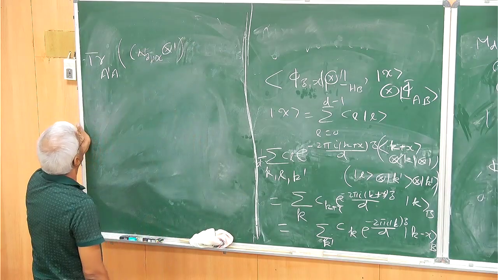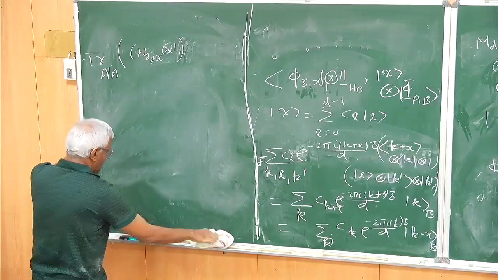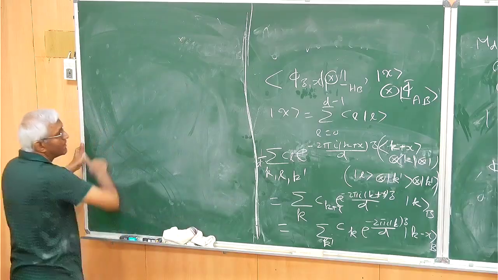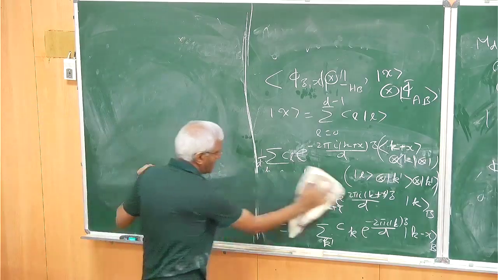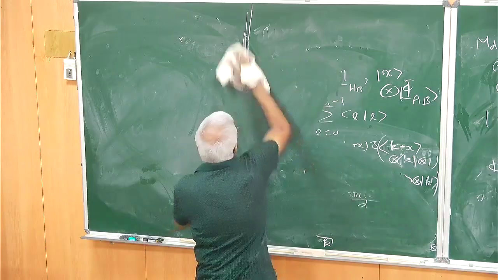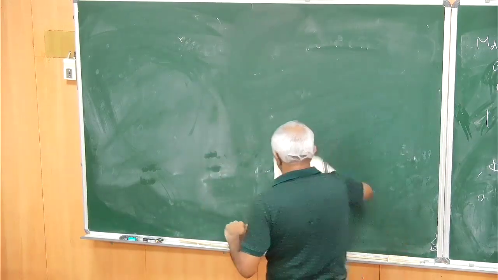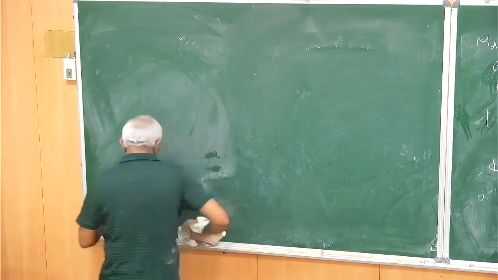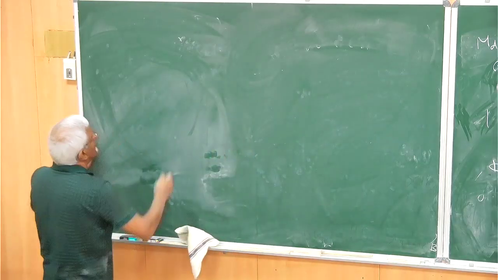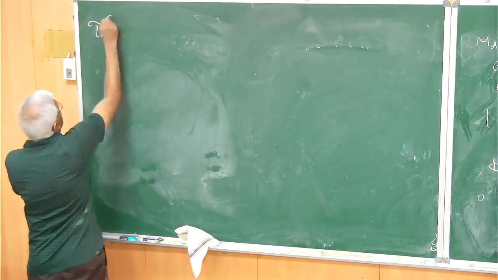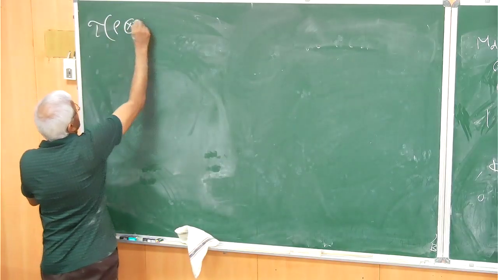W Zx tensor 1. There is not much space, maybe I should have taken the whole board. Okay, now it should be okay. I want to calculate this rho tensor this.